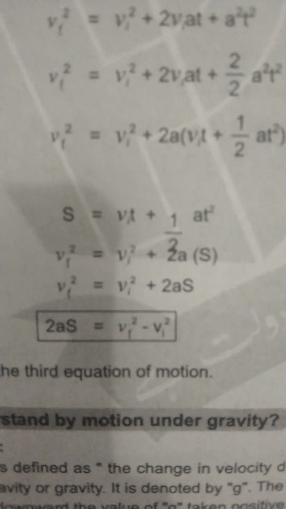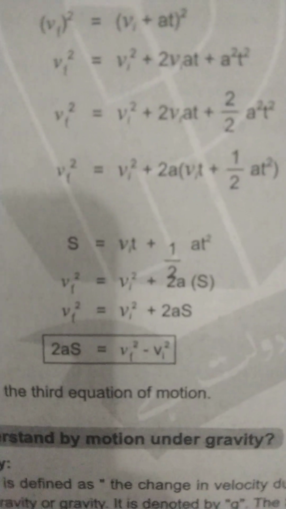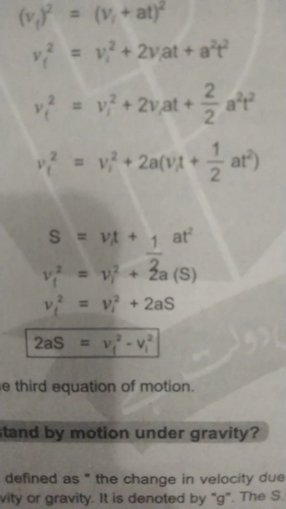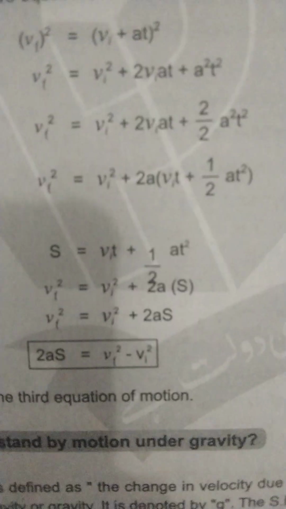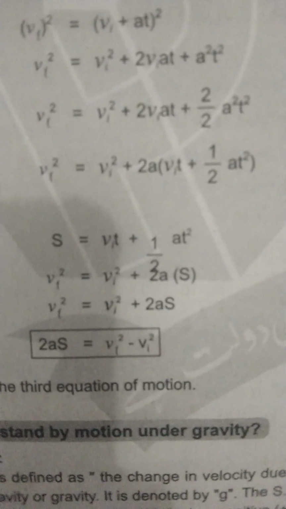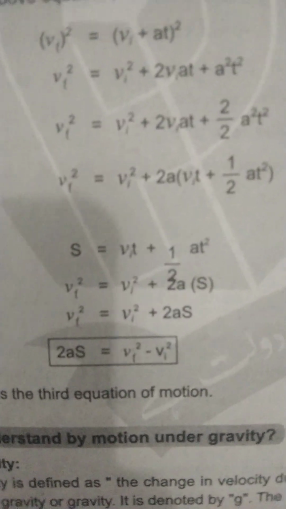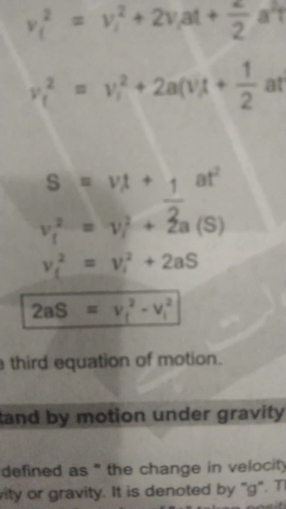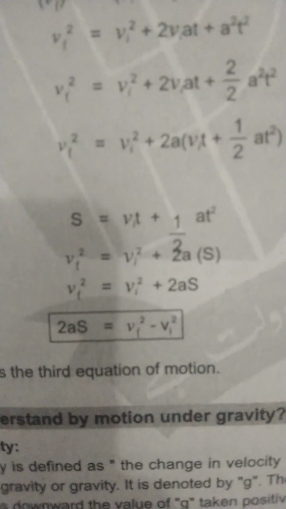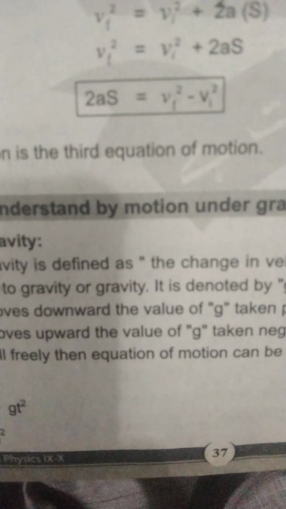Then vf square is equal to vi square plus 2a times (vi t plus 1 upon 2 at square). Here the bracket is the equation s is equal to vit plus half at square. Everyone knows that 2 is common. So 2as is equal to vf square minus vi square. This one is the third equation of motion.